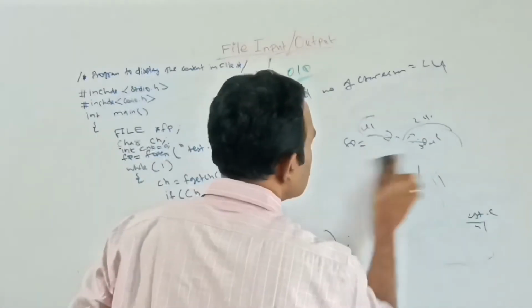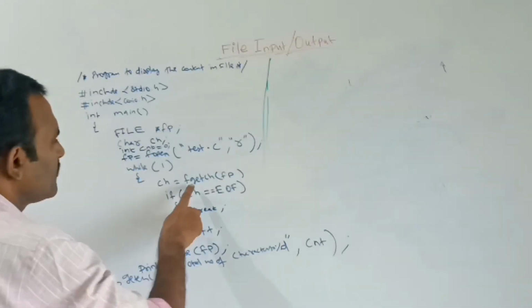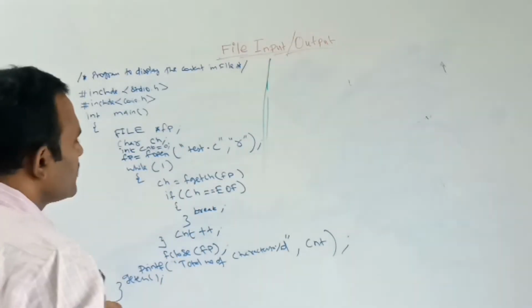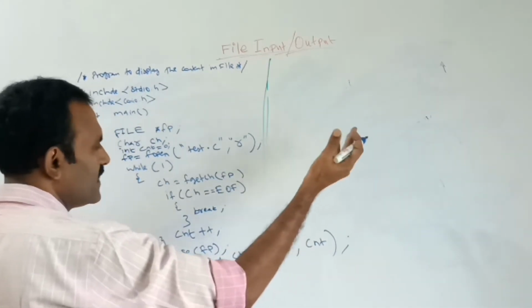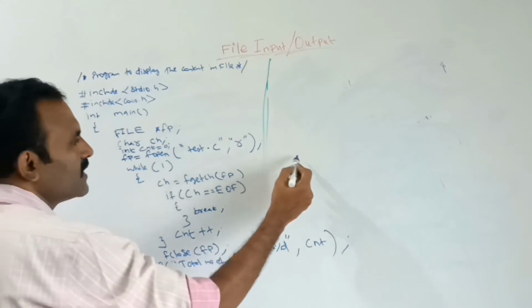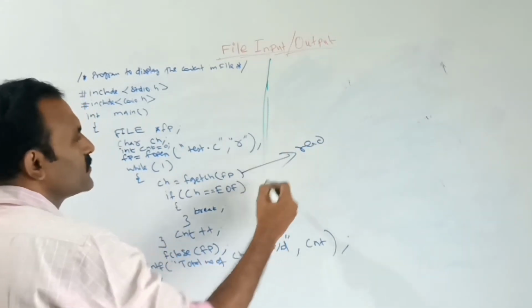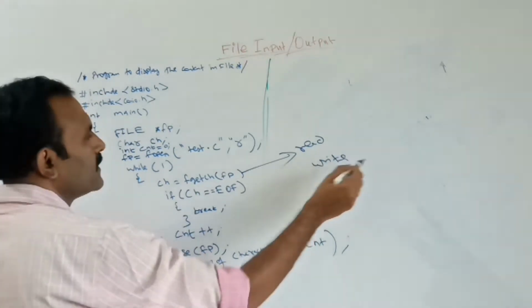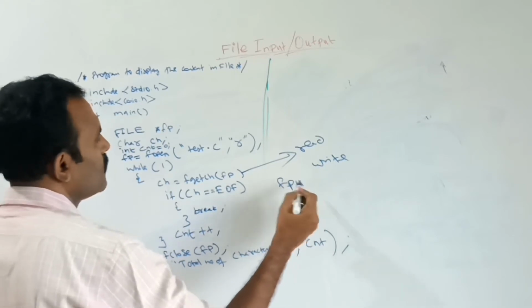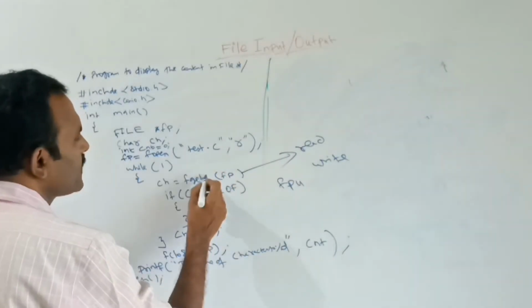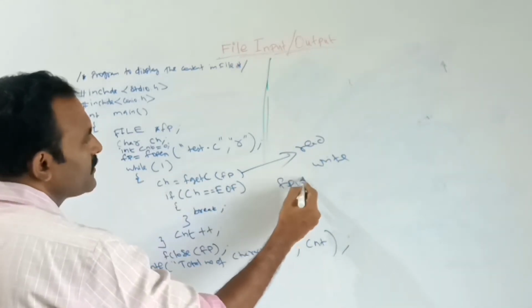Next, up to this we have seen fgetc, which is used to read the content character by character from the file. Suppose we want to write; for reading fgetc is used, and if you want to write, we can use fputc.